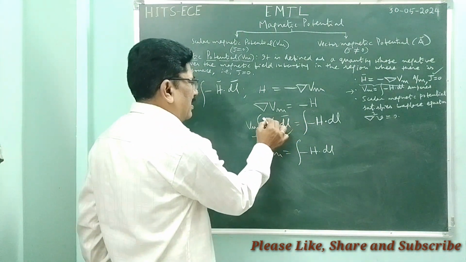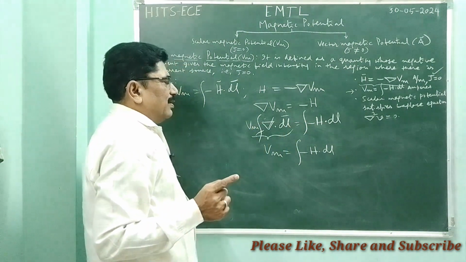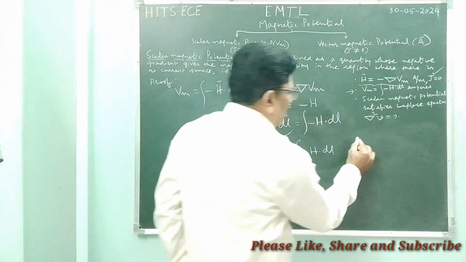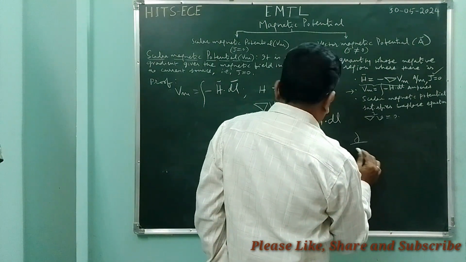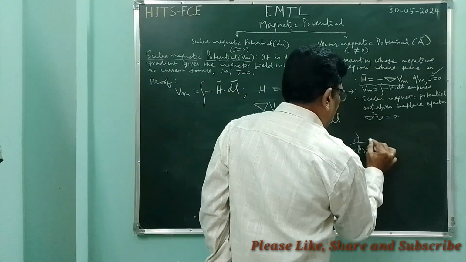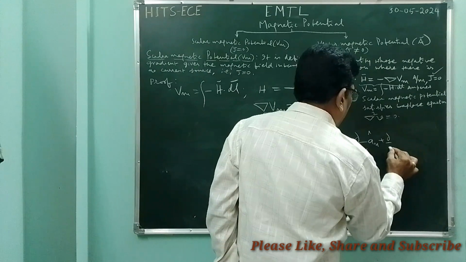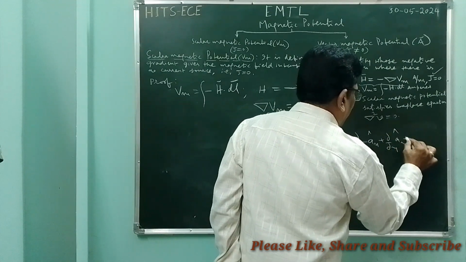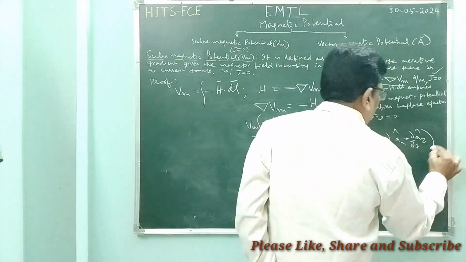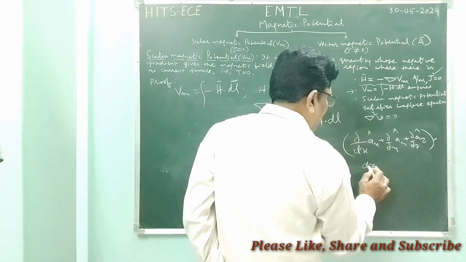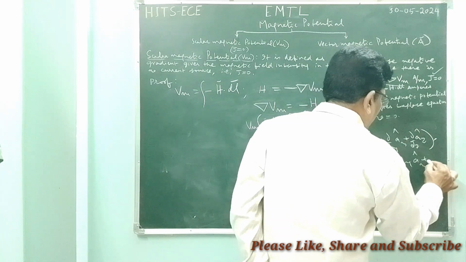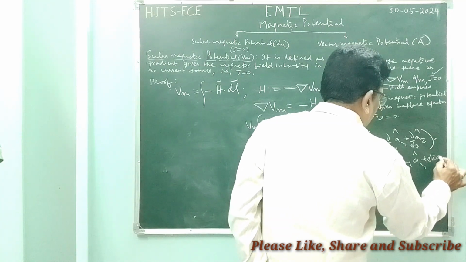This is a vector and this is the del operator, having three unit vectors. It is defined as del equal to dou by dou x ax cap plus dou by dou y ay cap plus dou by dou z az cap. dl is dx ax cap plus dy ay cap plus dz az cap.